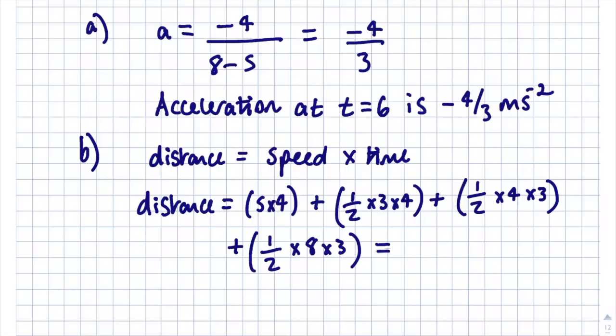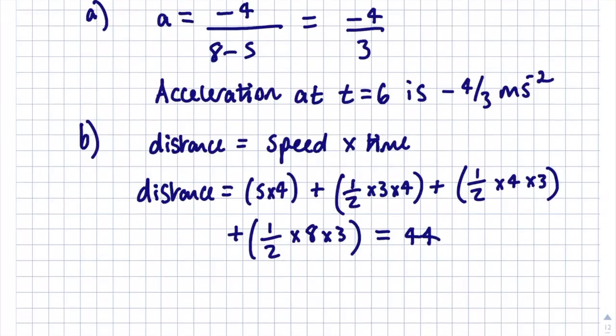If we simplify this using our calculator, we get 5 times 4 plus half of 3 times 4 plus a half of 4 times 3 plus a half of 8 times 3. And that all simplifies to 44.